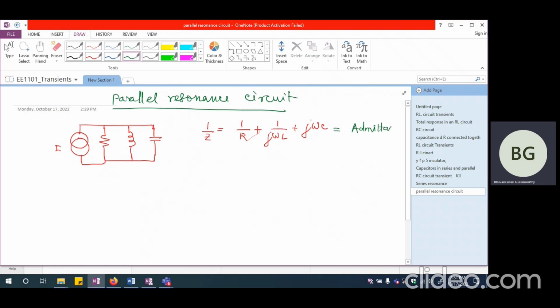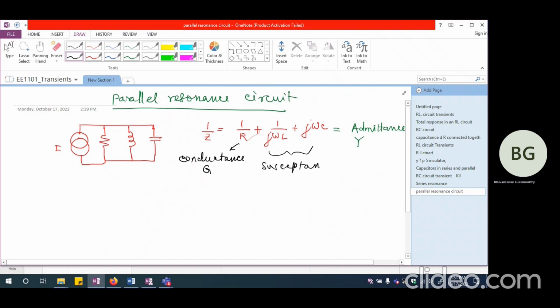The reciprocal of impedance is generally known as admittance, and it is indicated by the letter Y. The reciprocal of resistance we call conductance, which we indicate by the letter G. And the reciprocal of reactance we call susceptance, which we generally indicate by the letter B. So we write Z equal to R plus JX, whereas Y equal to G plus JB.